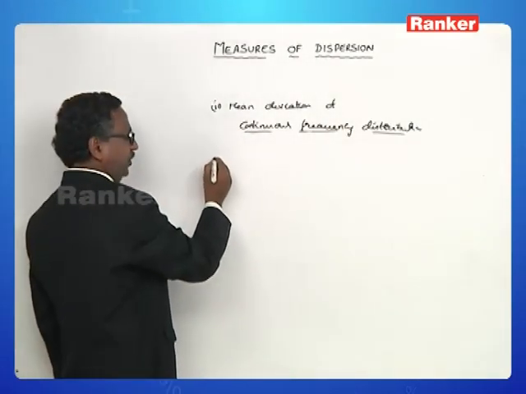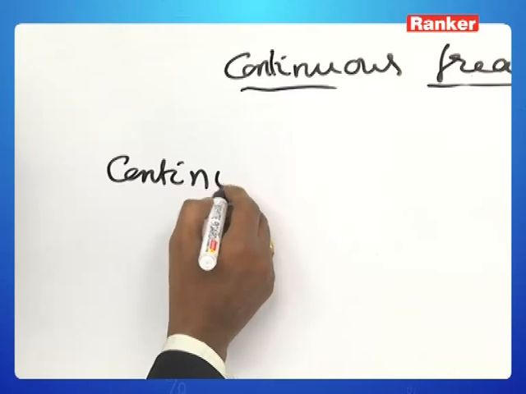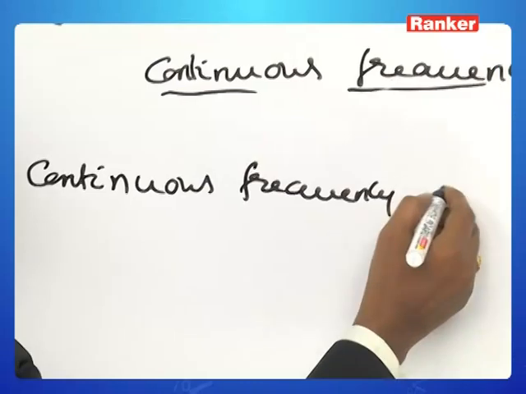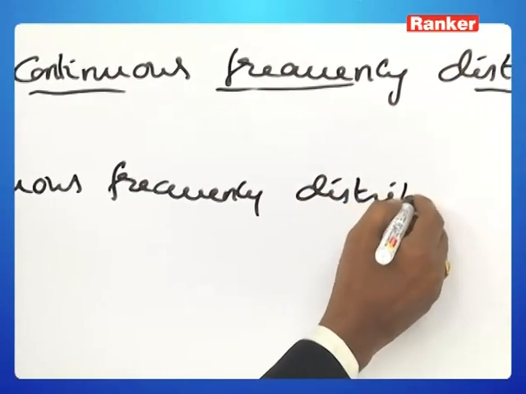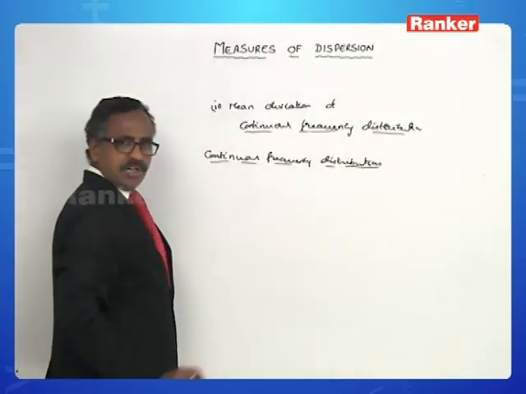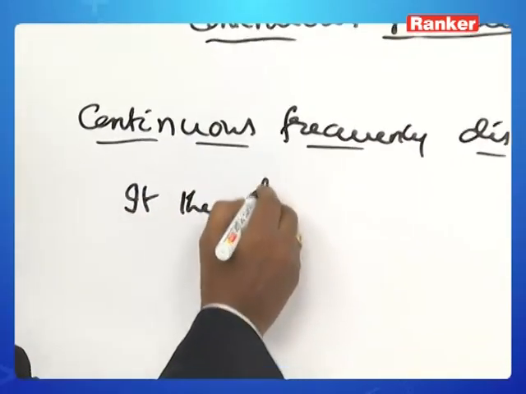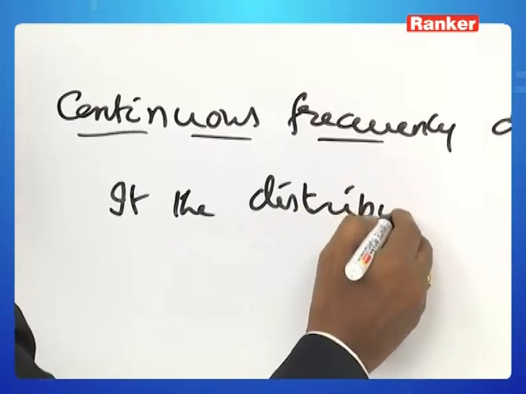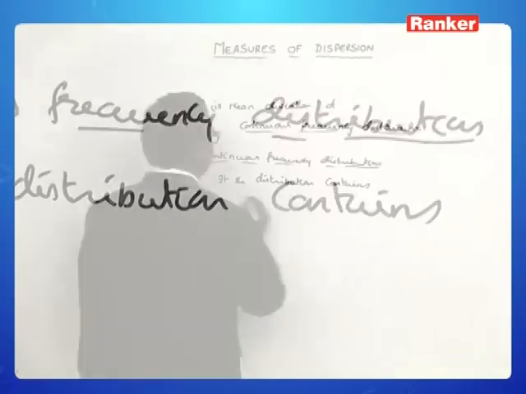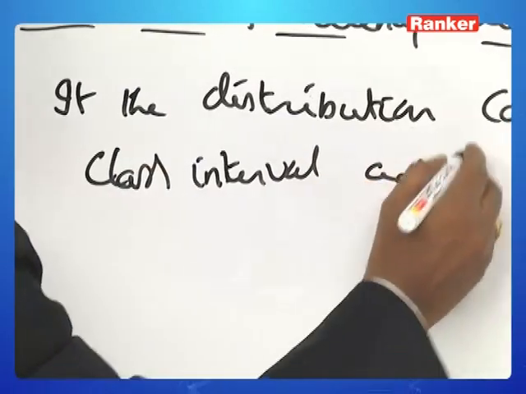Continuous frequency distribution means the distribution contains class interval and frequency.